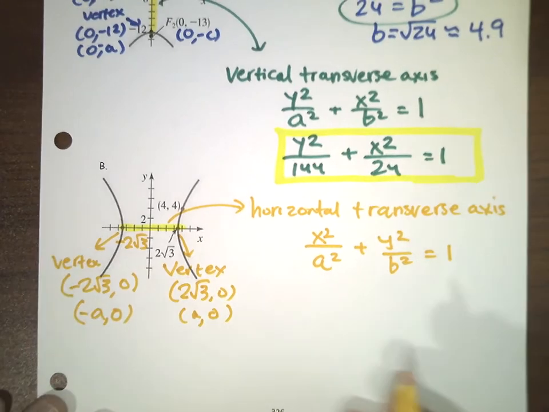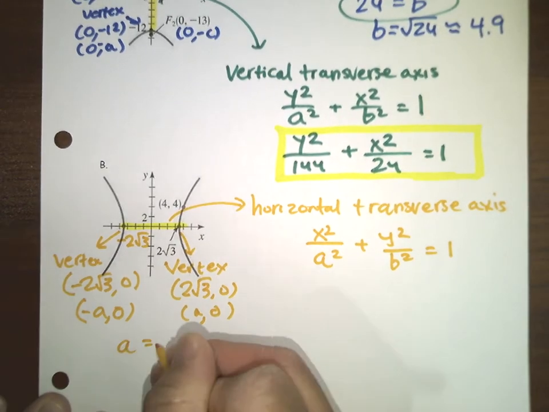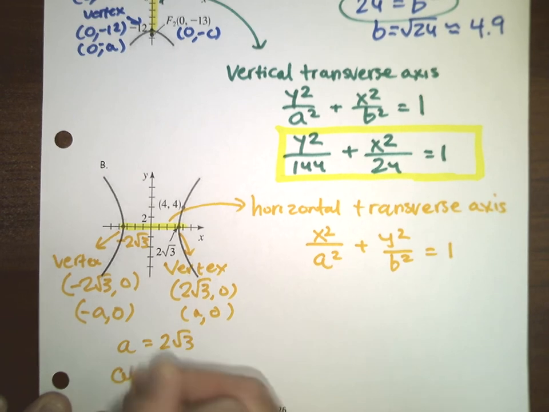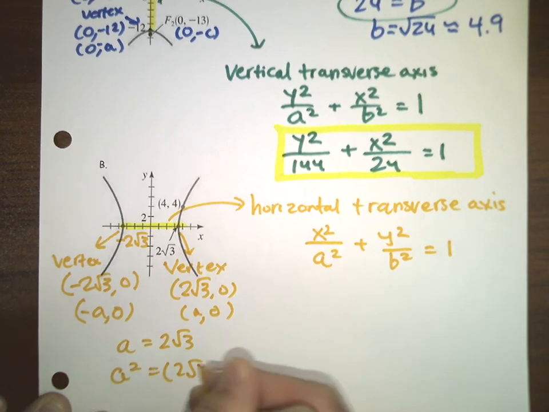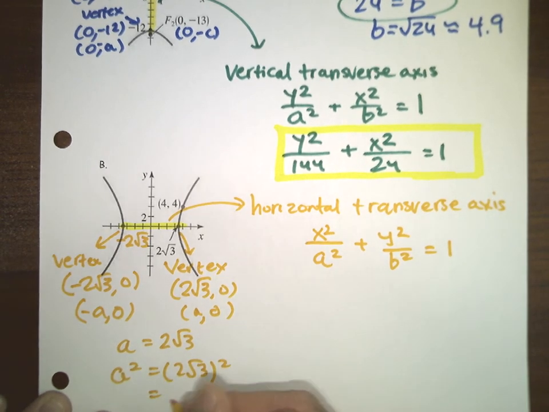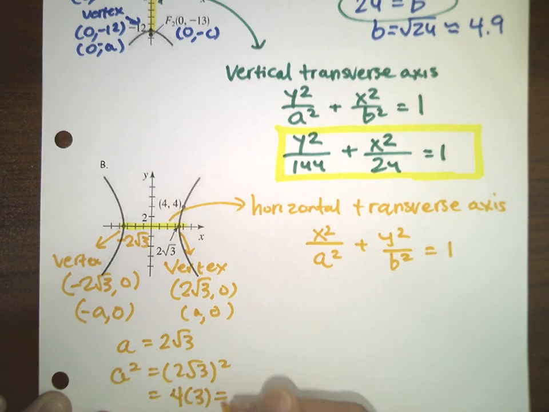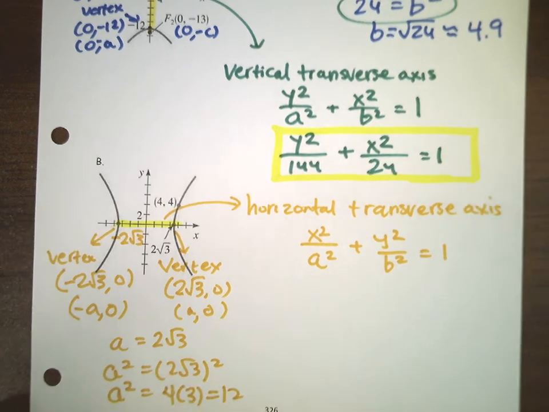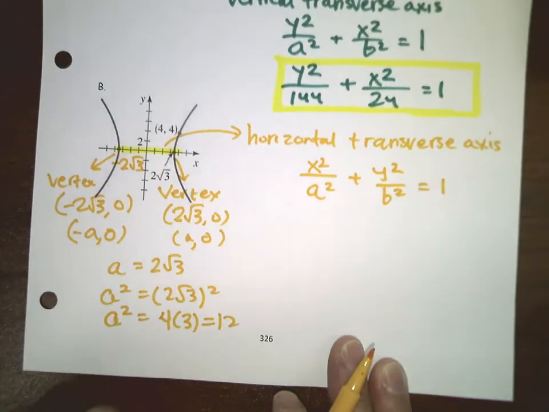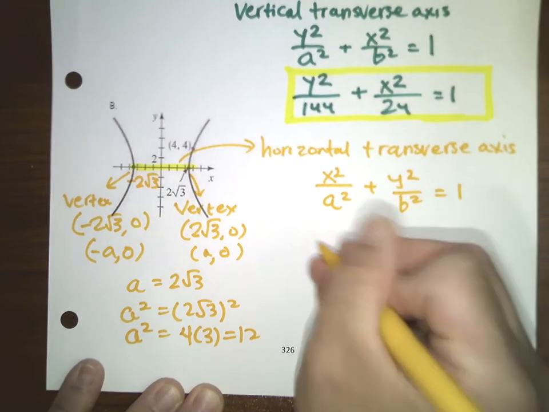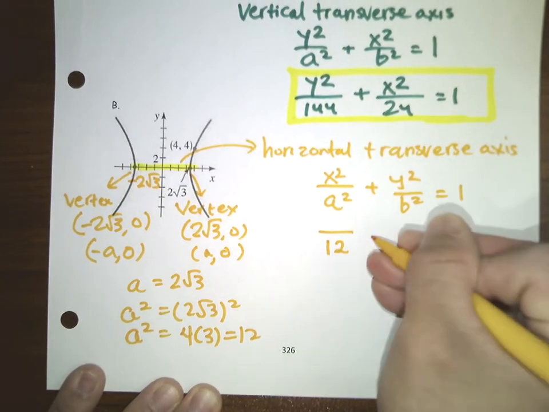So then I know that a is equal to 2 square root of 3, and so a squared is 2 square root of 3 squared, so that is 2 squared, which is 4, times 3, so it's 12. All right, so a squared is equal to 12. And so I can substitute this in here.